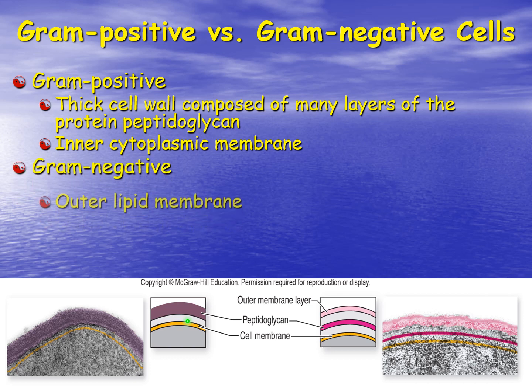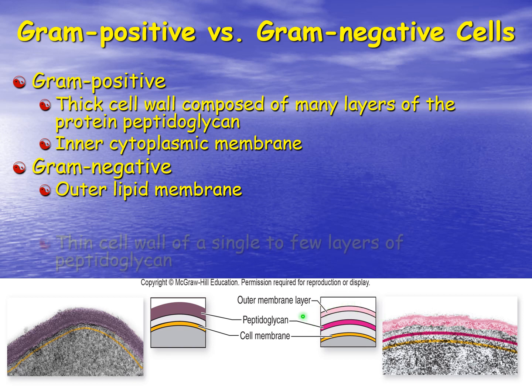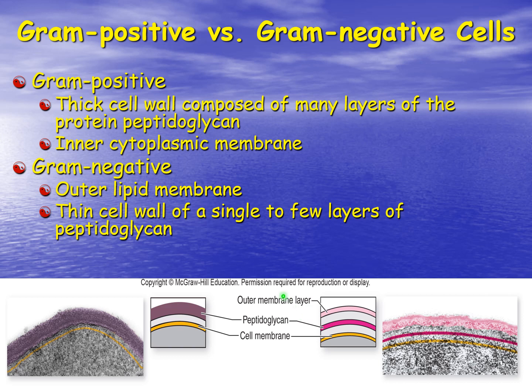Whereas in gram-negative bacteria, we find an outer phospholipid membrane that has many, many proteins in it as well as some sugar structures. Then we have a thin layer of peptidoglycan, usually 1 to maybe a few layers of that protein sugar structure. And then finally, again, the cell membrane itself.